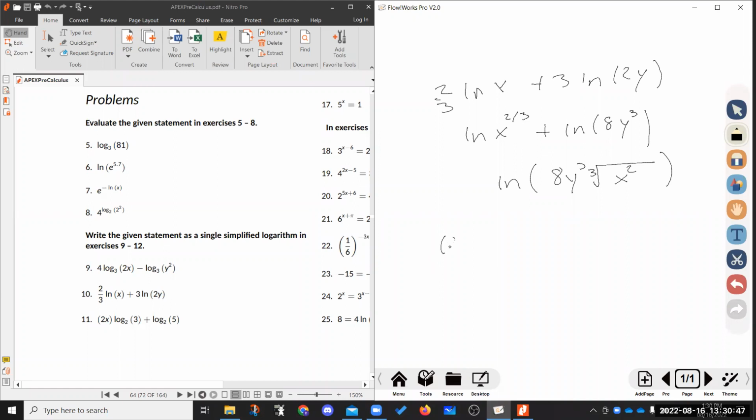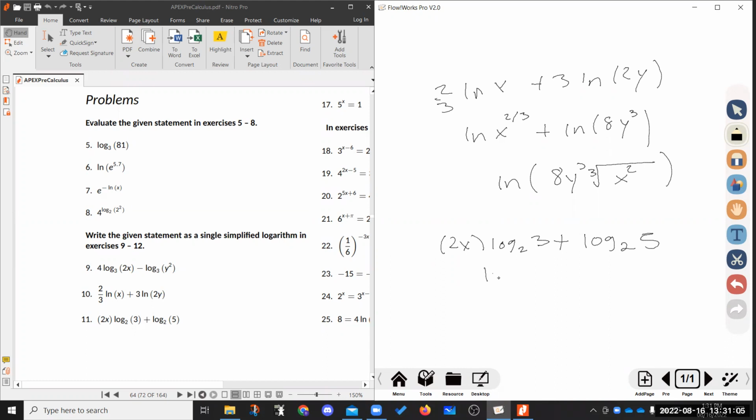We have 2x log base 2 of 3 plus log base 2 of 5.